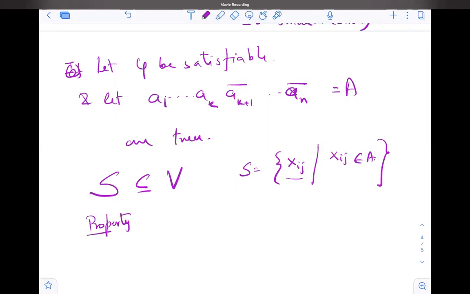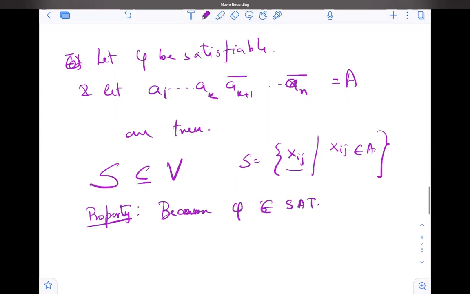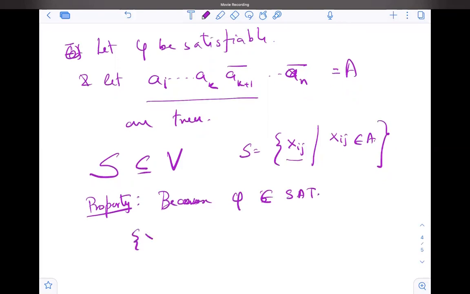Now see, because phi is satisfied, is in SAT, what does it mean? That means, and this is a satisfying assignment, so that means take any xi1, xi2, xi3, intersect this one with S, this is not empty.